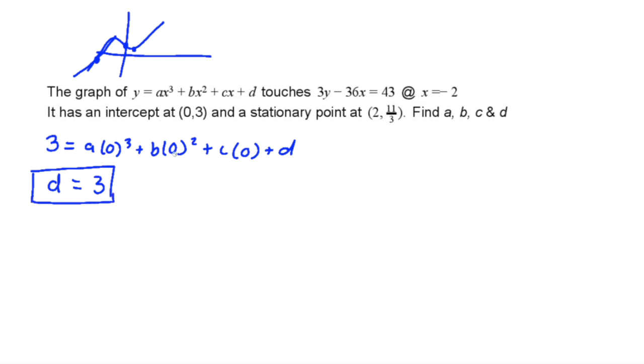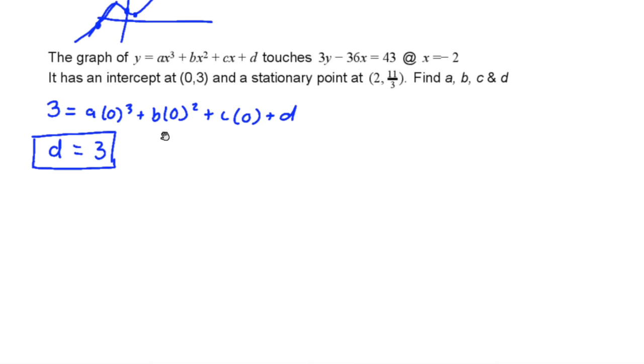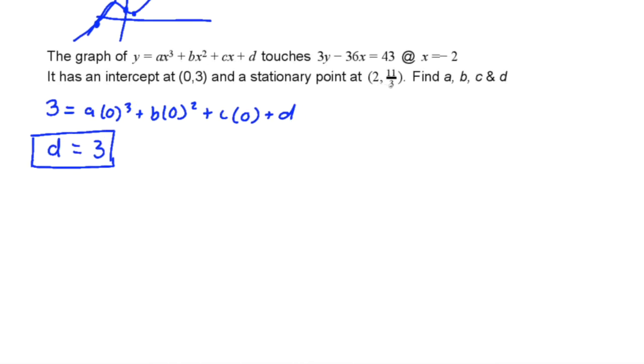The next thing it says is it has a stationary point at (2, 11/3). In our original graph, that's just a coordinate point, so when my y value is 11/3, my x value is 2. That can be used to give us one equation. We've got to find a, b, c and d, and usually when you see something like that, it's going to turn out to be simultaneous equations.